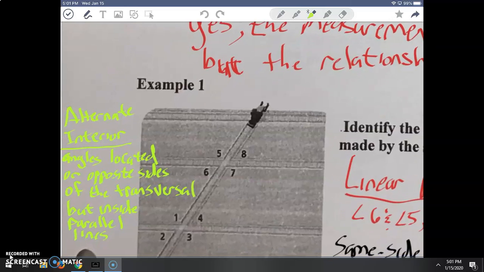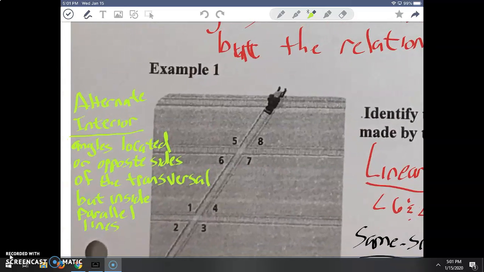The next one is alternate interiors. Alternate interiors are angles located on opposite sides of the transversal, but inside the parallel lines. These won't be counted because they are on the outside of the parallels. If we have angle 6, its alternate interior angle is on the opposite side of the transversal, but on the inside.